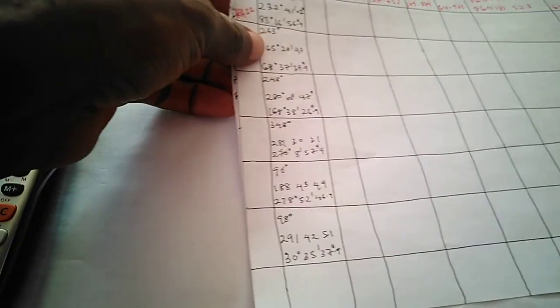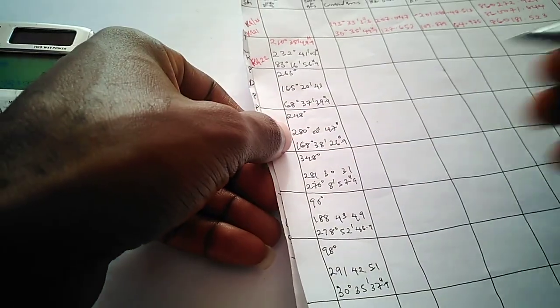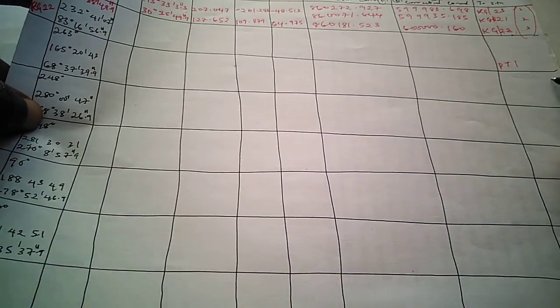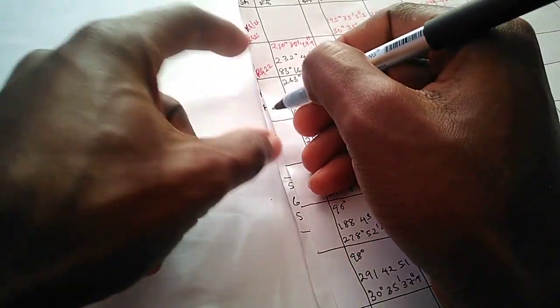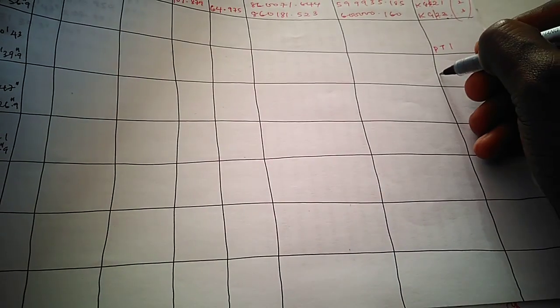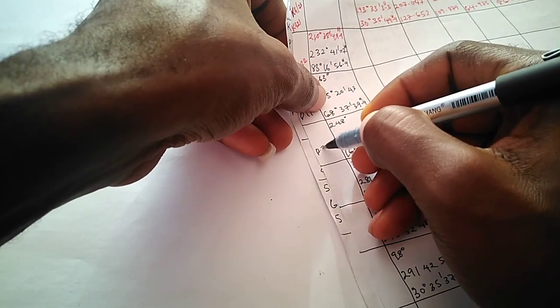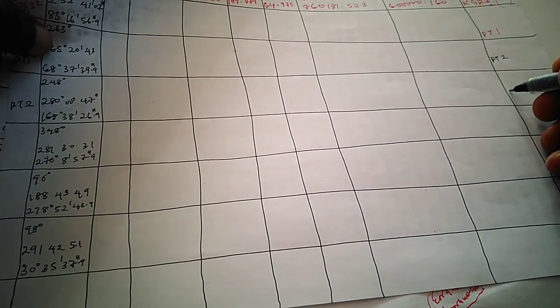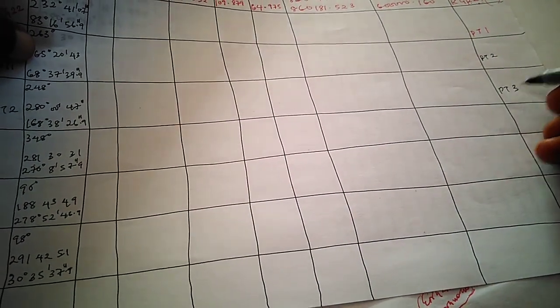So let us try to identify our stations. So if this is from kg22 to pt1, this will be from pt1 to pt2, and then this will be from pt2 to pt3.